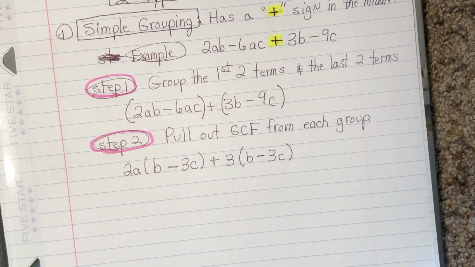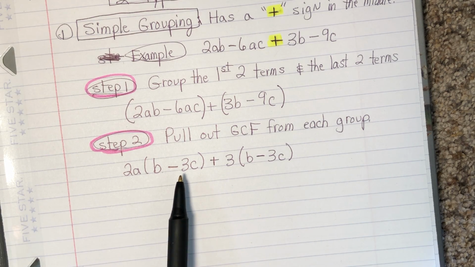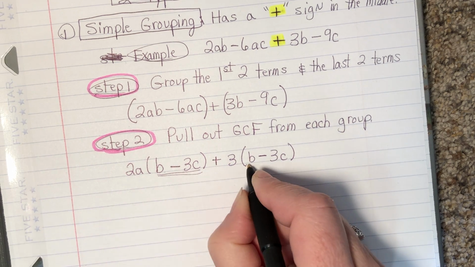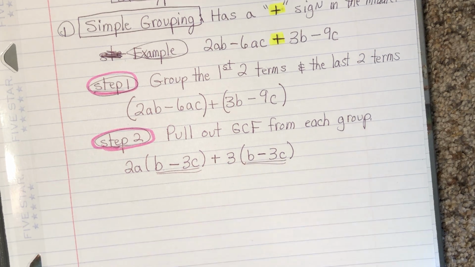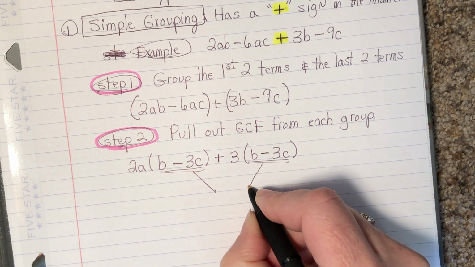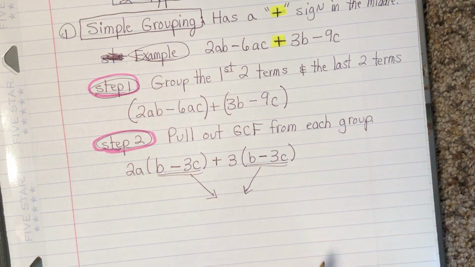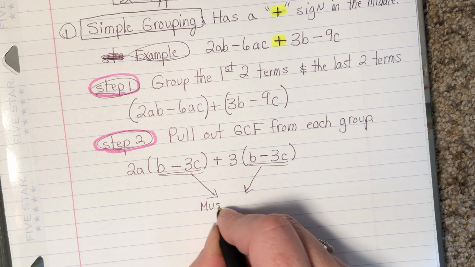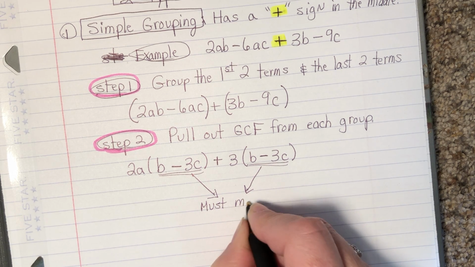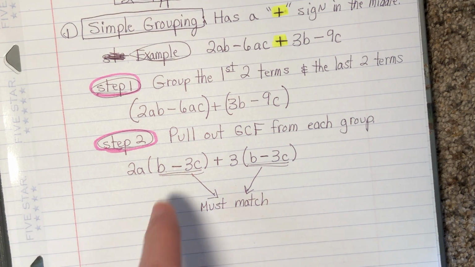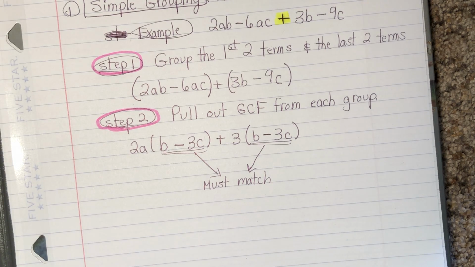Okay, at this point, look to see what you have. These 2 parenthesis parts must match. If they don't match, chances are you didn't do something correctly or grouping didn't work. But I'm not going to give you a problem where grouping doesn't work. So that means something was incorrectly done.